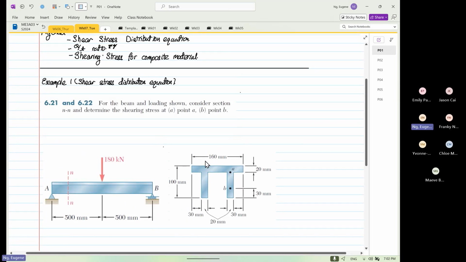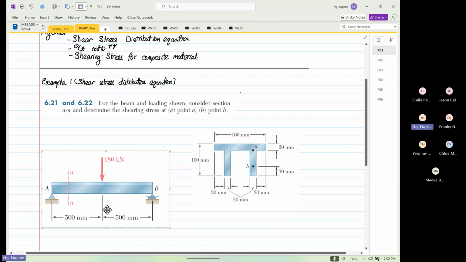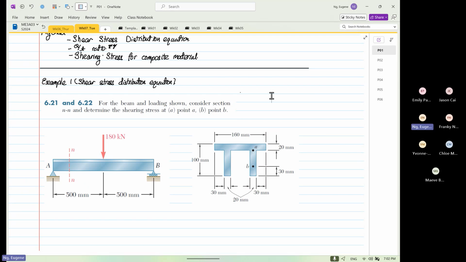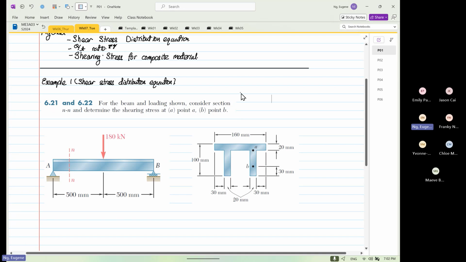In this problem, we are going to determine the stresses at point A and point B. But rather than looking at stresses at just point A and point B, we are going to derive the shear stress distribution equation.